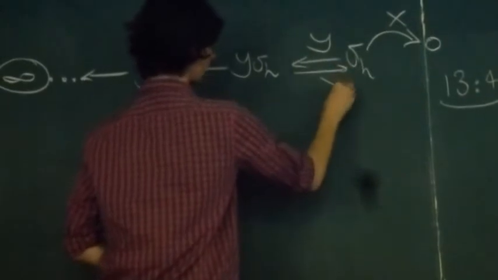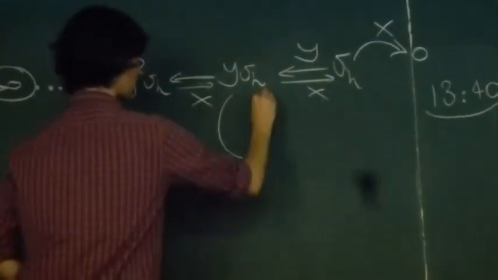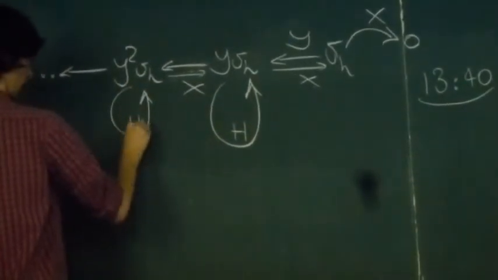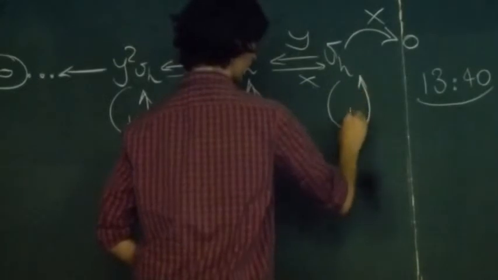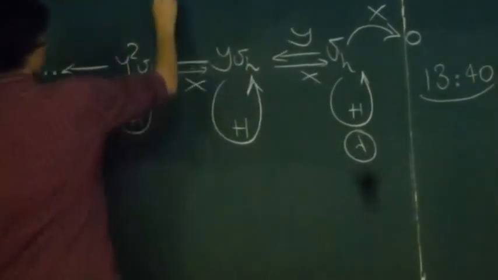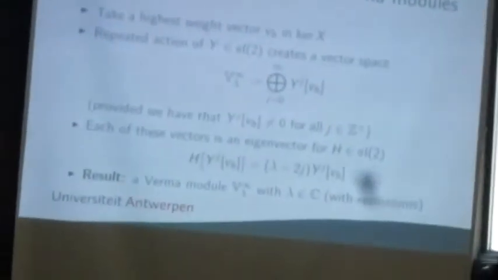Now, x will always act in this direction, and h gives me eigenvalues. So h acts like this, and here h acts like this, and this gives me the eigenvalue lambda. And that is why I note there's something in a kernel, and then let this factor act on the element in the kernel. That is a Verma module in the literature.